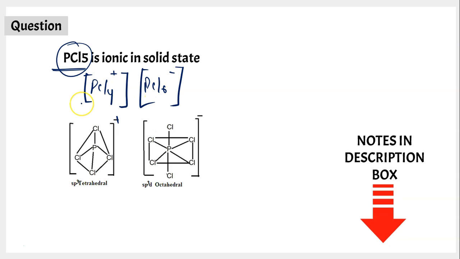Because of this losing and acquiring, a charge develops on the molecule. Because of this charge, the molecule behaves like an ion, and that's why the solid behaves like an ionic solid. PCl5 is ionic in the solid state due to the existence of PCl4 plus and PCl6 minus ions.